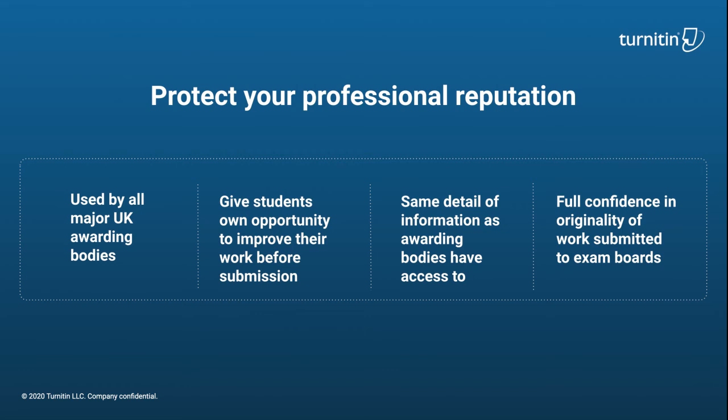And using Turnitin in that iterative approach can give students their own opportunity to improve their work before submission, so they can take that information on board and think, if I can see this, my teacher can see this, so I have to go in and redraft. Otherwise, I'm simply not going to get away with this. And finally, what that means is that you're going to have full confidence in the originality of work that you submit to the exam boards to make sure that the exam board doesn't turn around and send a piece of work back to you with accusations of plagiarism from that work as well.